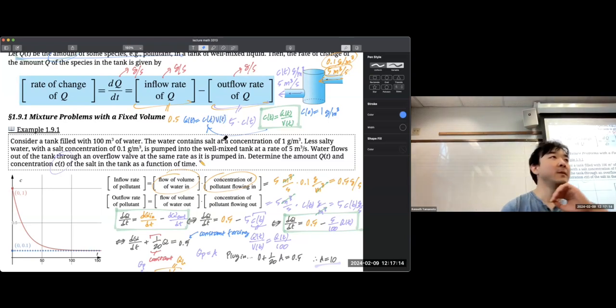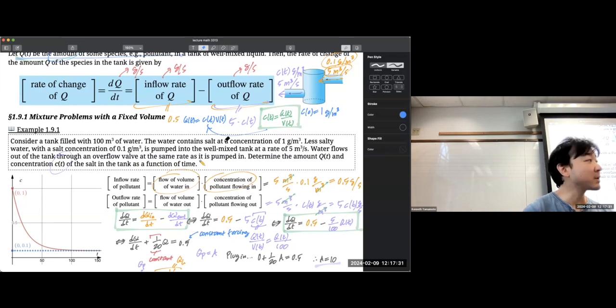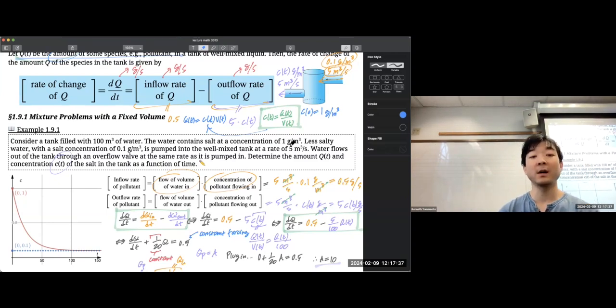If you think about, tell me the mass of salt in the tank, well, it would be the volume times the concentration. So if there's 1 grams per meter cubed concentration of salt, and there's 100 cubic meters of that, then you can tell how much salt must be in there by just saying 1 times 100.